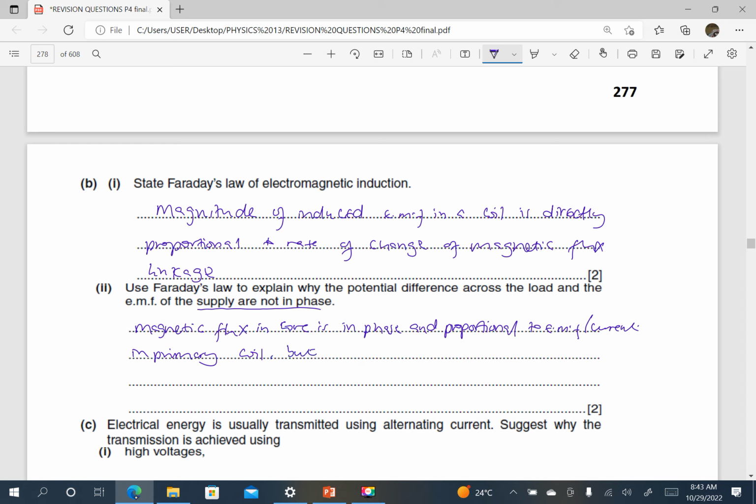But the EMF induced across the secondary coil is proportional to the rate of change of flux.